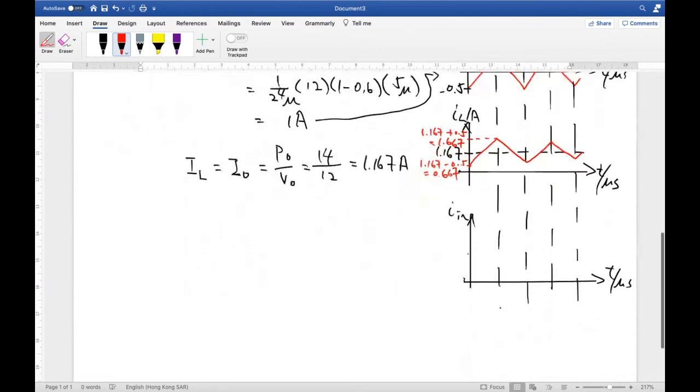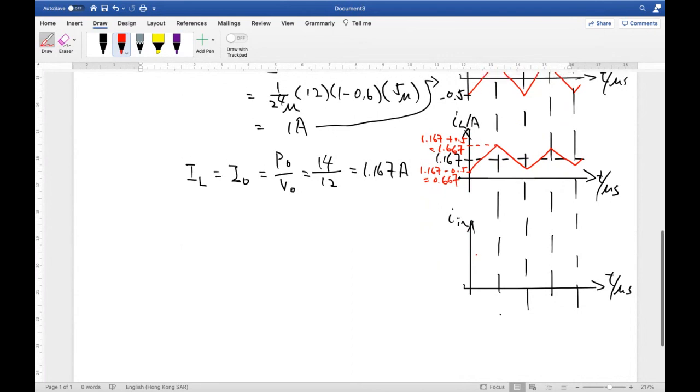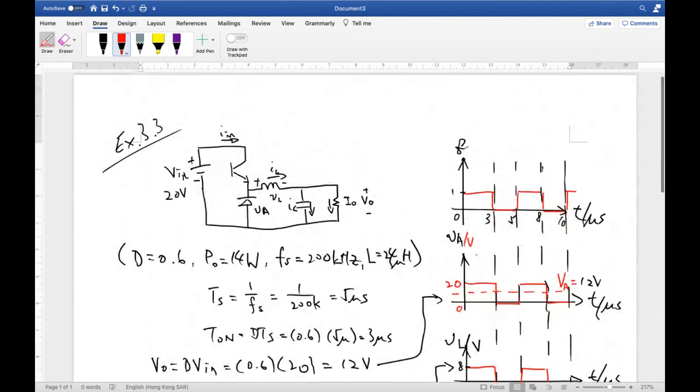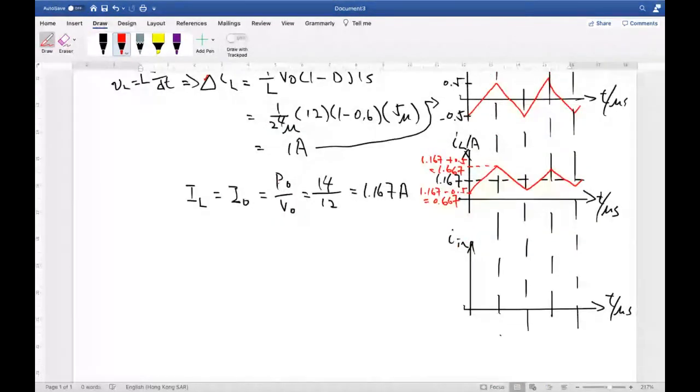Last one. Sorry for overrunning a bit. Okay, this is the last one. During the on state, look at the topology. During the on state, I in should be equal to IL. So here it is very simple. We just need to copy this part to here.